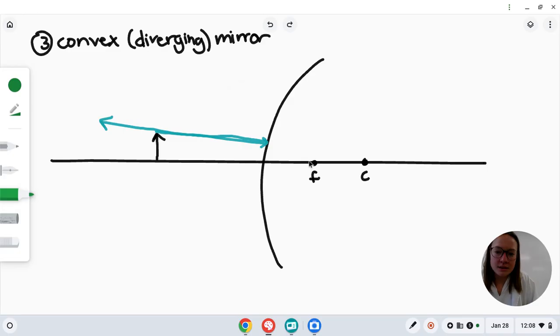So I set up my ruler so that I draw a line that, if it did keep going, would go through F, but it's not actually going to go through F. Hypothetically this line would go through F, but it's not going to make it all the way. Instead, it's going to reflect back parallel to the optical axis like so.